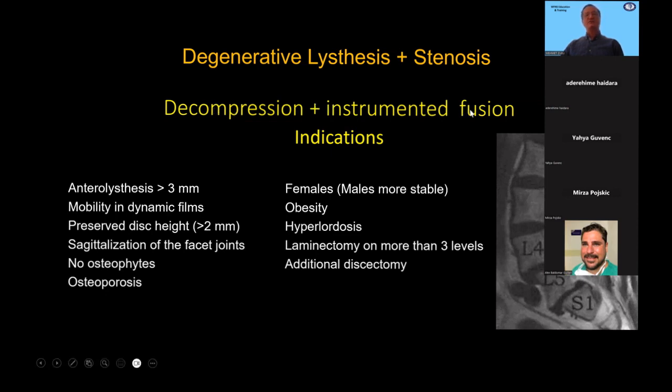Decompression plus instrumented fusion may be indicated in cases with more than 3 mm anterior listhesis, mobility in dynamic films, preserved disc height more than 2 mm, sagittalization of the facet joints, no osteophytes, or significant osteoporosis.